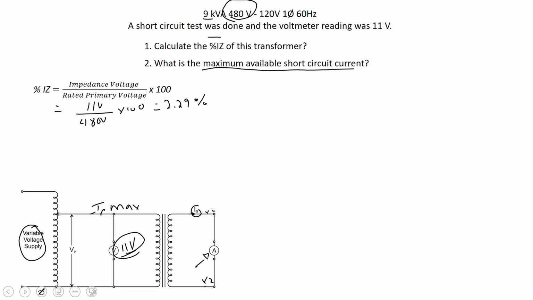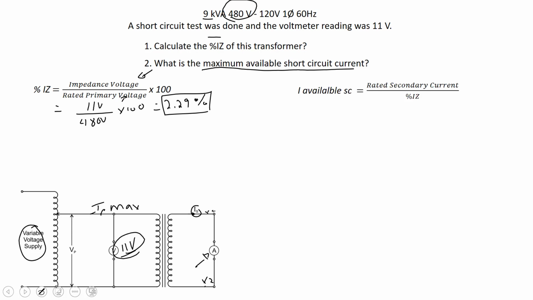So the percent impedance of this transformer is 2.29%. Take the impedance voltage, divide it by the rated primary voltage, and multiply by 100, and you get the percent impedance of the transformer.